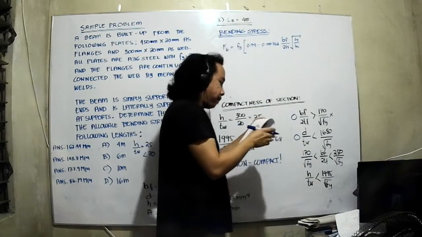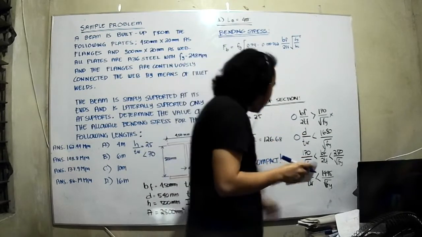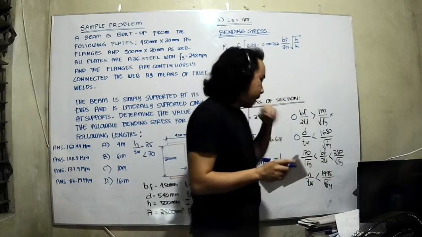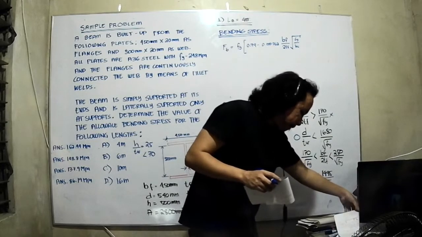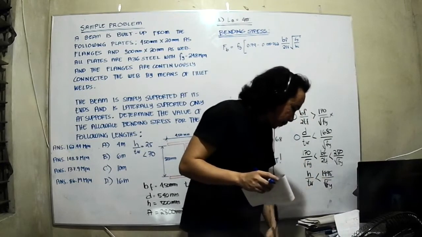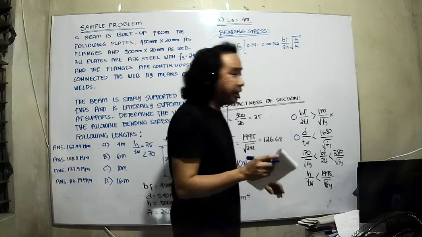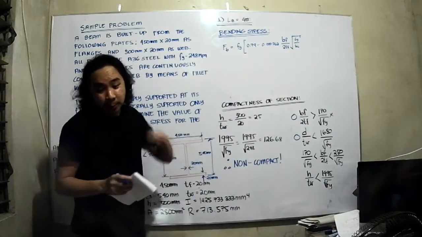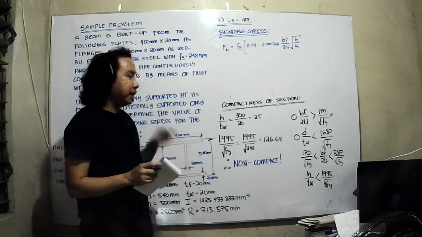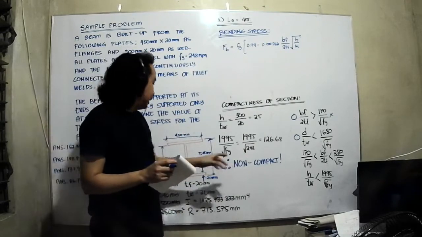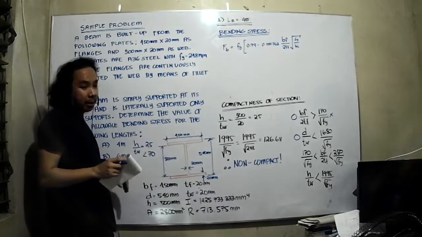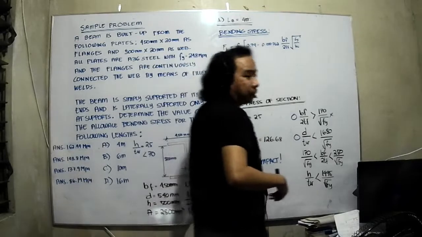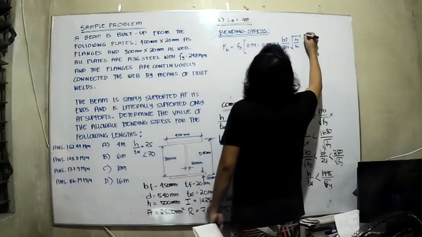Kani siya Fy over Kc, kay itong condition ani siya if H over TW is greater than 70, ayaw na gamita ang formula, di ba? Pero sa ngayon na case diri, nakita nato na this is lesser than 70, kay 25 raman atong gamit na number.